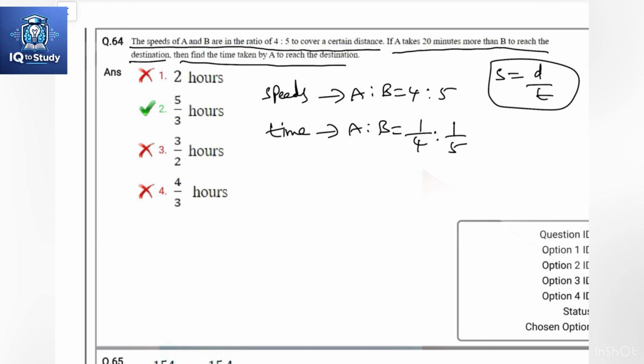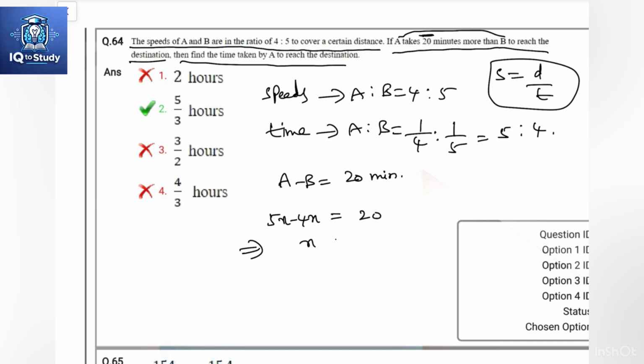And the difference between A and B is 20 minutes. So, A minus B is equal to 20 minutes according to the question. 5x minus 4x is equal to 20, which implies x is equal to 20. So, 5x means 5 into 20, which is equal to 100.